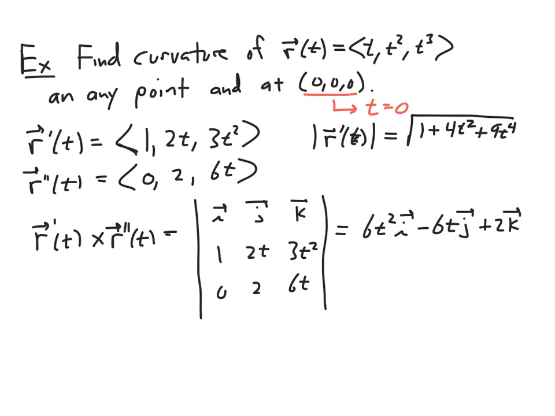So we're computing the determinant there. And so this vector we get to be 6t squared, negative 6t, and 2. Okay. So then to compute kappa, we need to find the magnitude of this vector.